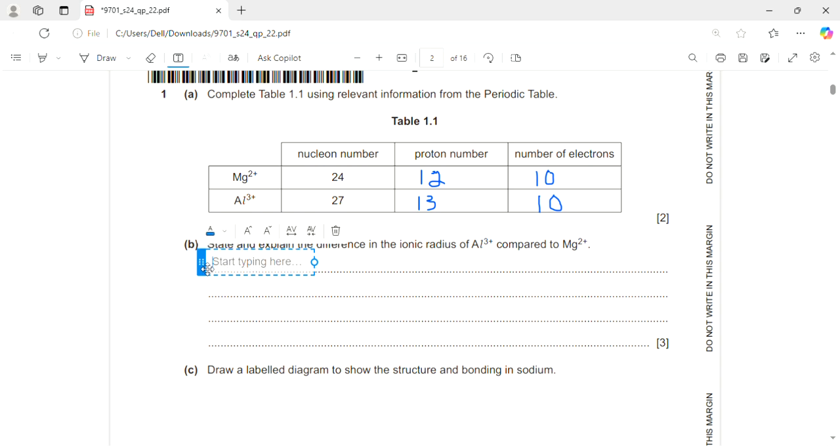Aluminum ion is smaller than magnesium ion.